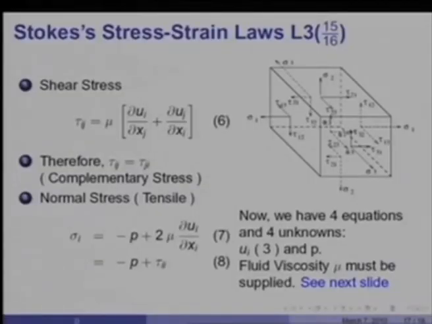We are very lucky, it is an accident of history if you like, or accident of nature if you like, that viscosity has turned out to be a property of the fluid. And not surprisingly, because it is essentially trying to capture the information lost during statistical averaging of molecular motions. So, we must supply to the equations now the value of viscosity.